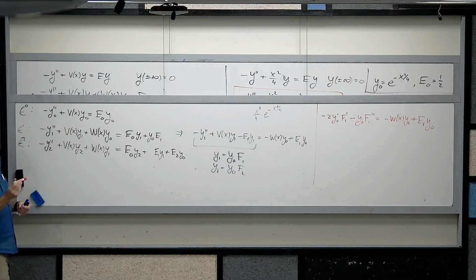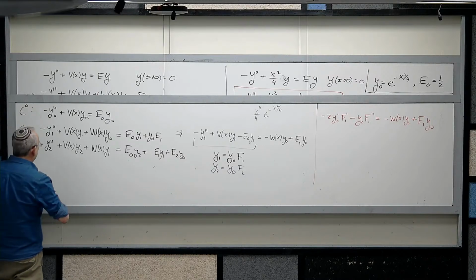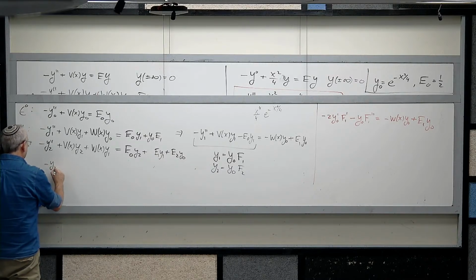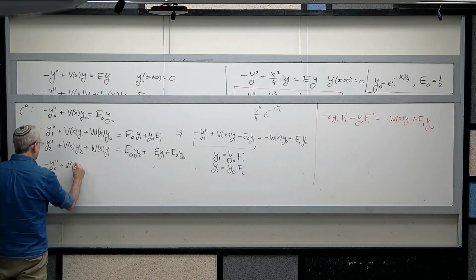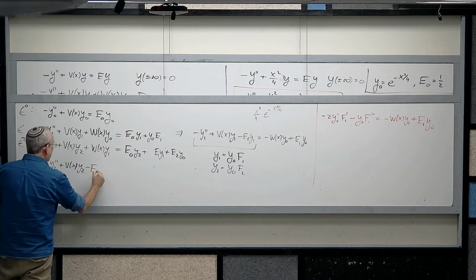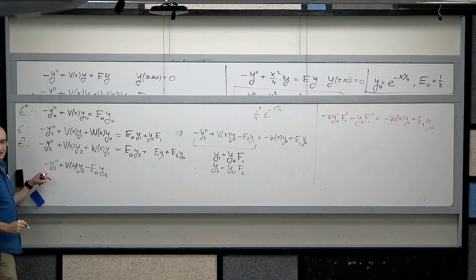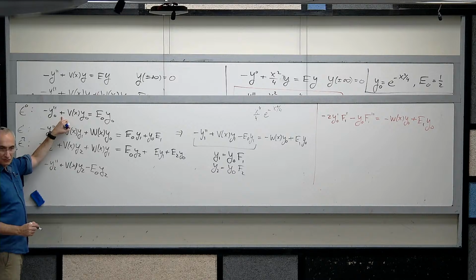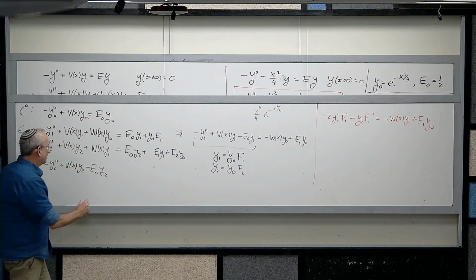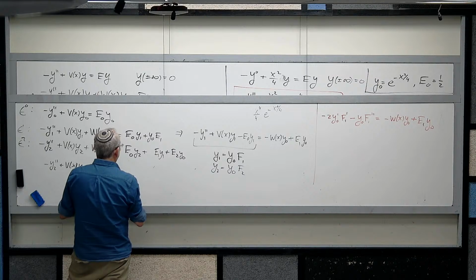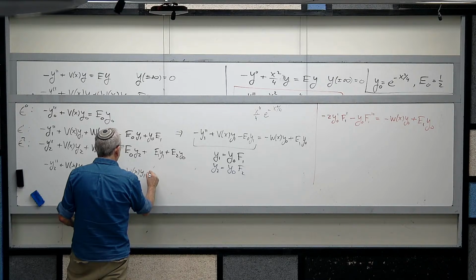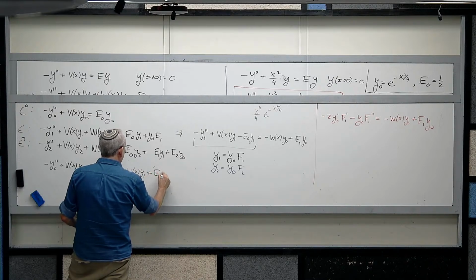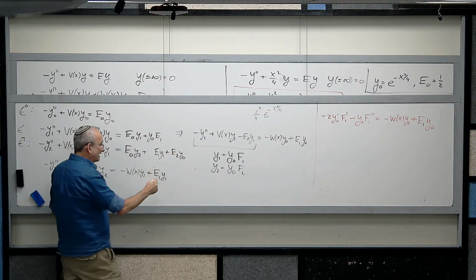For the second order, I'm writing minus y2 double prime plus v of x y2 minus e0 y2. This is the homogeneous part, which is exactly the equation for y naught. So this is solved by y naught, and this is equal now to minus w of x y1 plus e1 y1 that I've already solved, right?